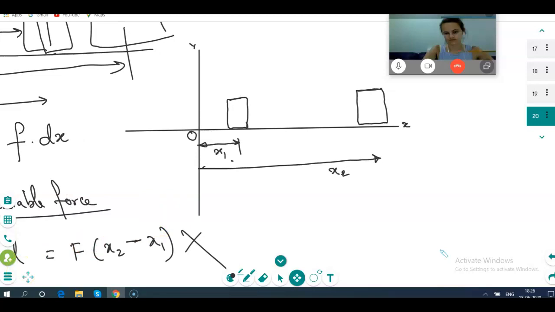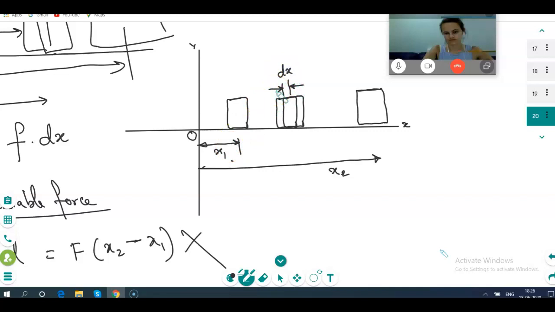Now suppose at any point of time your box is here, in the middle. Correct? And you have displaced very little. This is the distance dx, a small displacement dx.